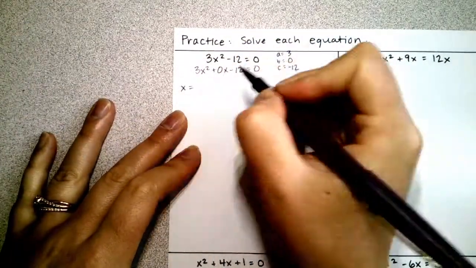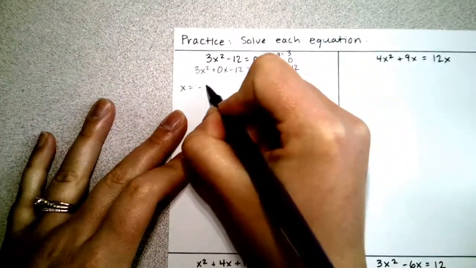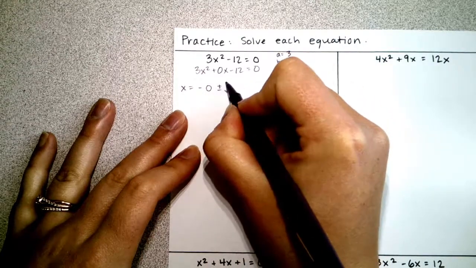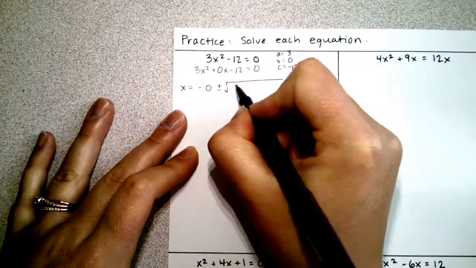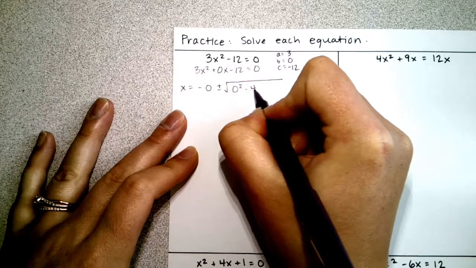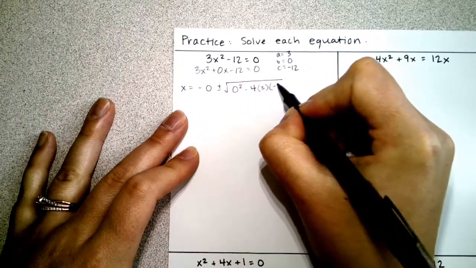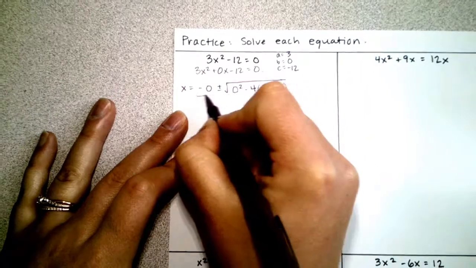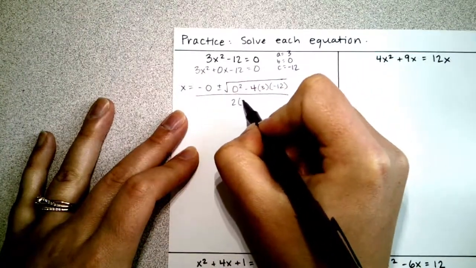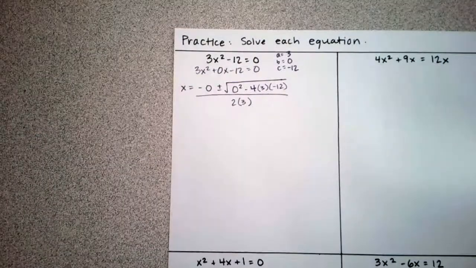So x is equal to negative b, so 0, plus or minus the square root of b squared, so 0 squared, minus 4 times a times c, so 4 times 3 times -12, all over 2 times 3. All right, a little simplifying.